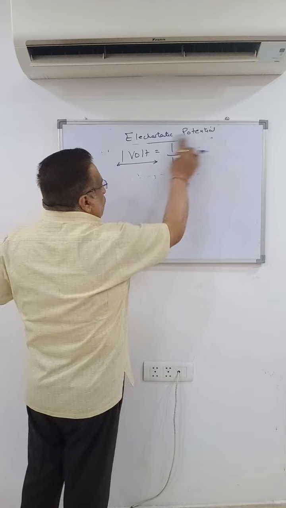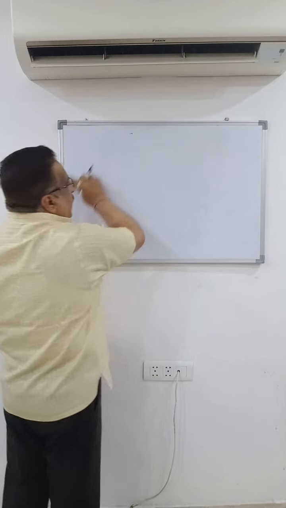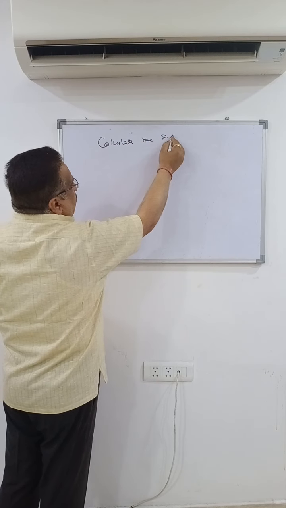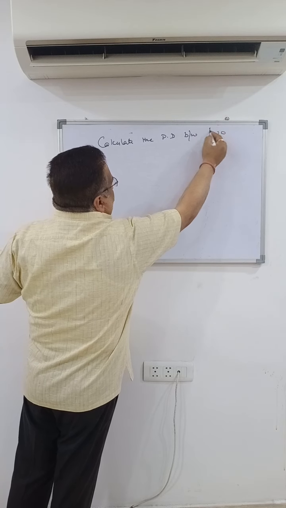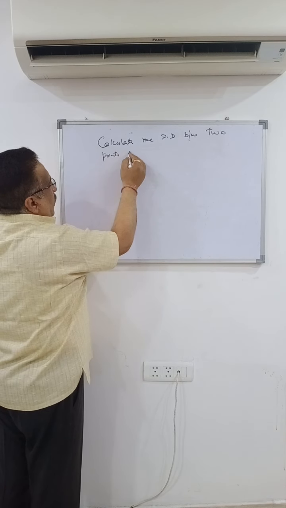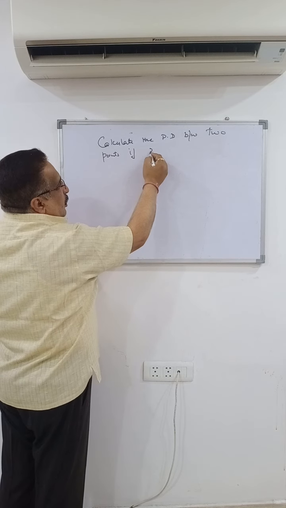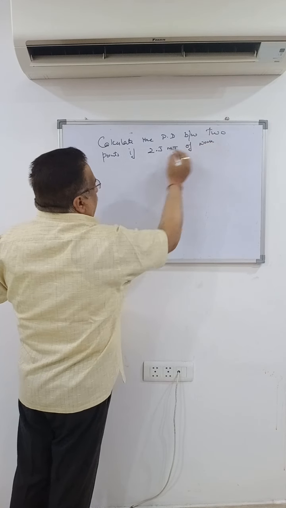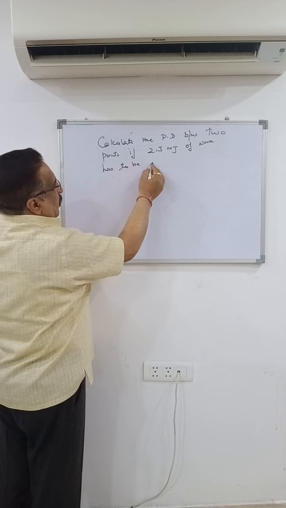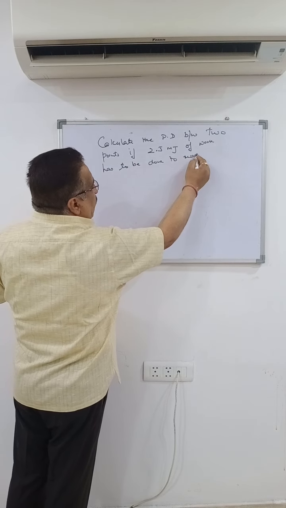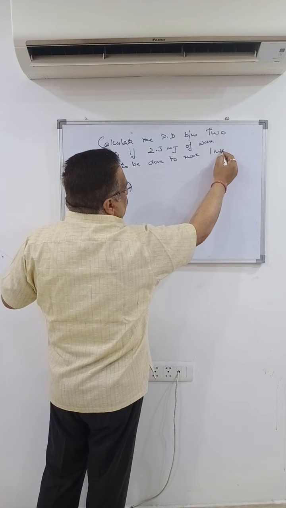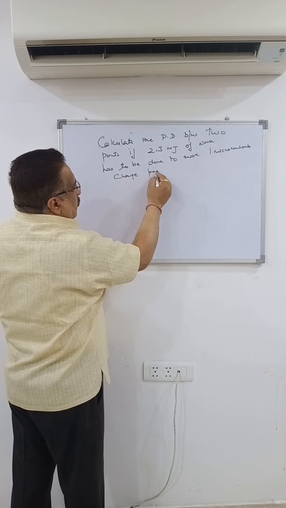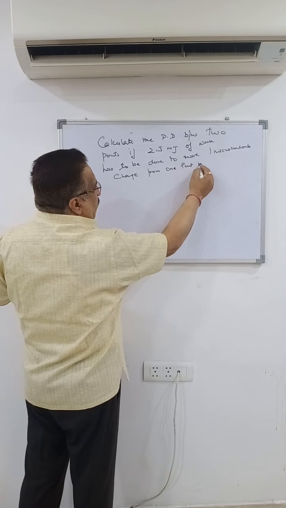Now, for example, you get a numerical: calculate the potential difference between 2 points, if 2.5 millijoule of work has to be done to move 1 microcoulomb charge from one point to the other.